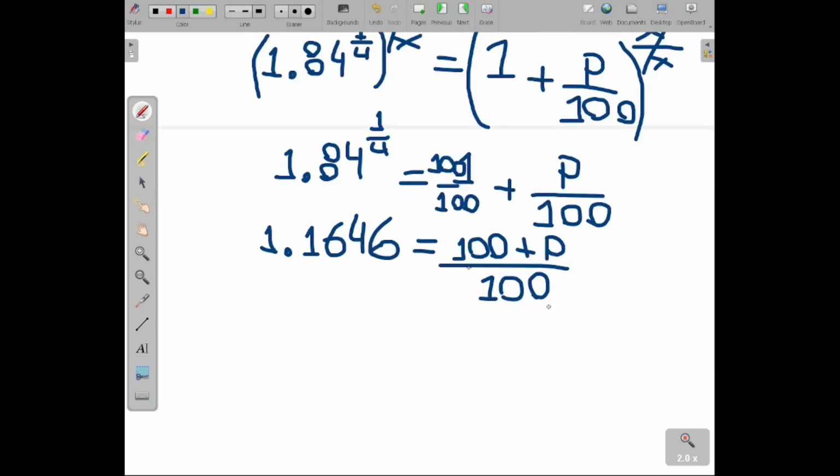Since this 100 is dividing, it will multiply this 1.1646. The answer will be 116.46 equal to 100 plus p.